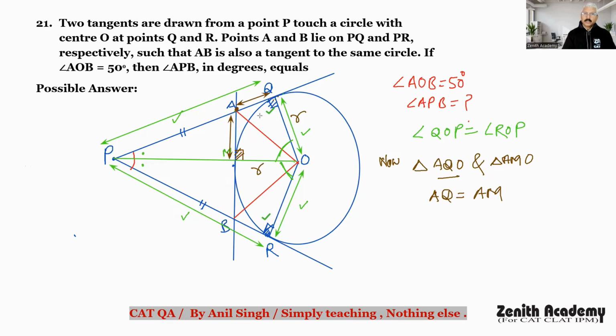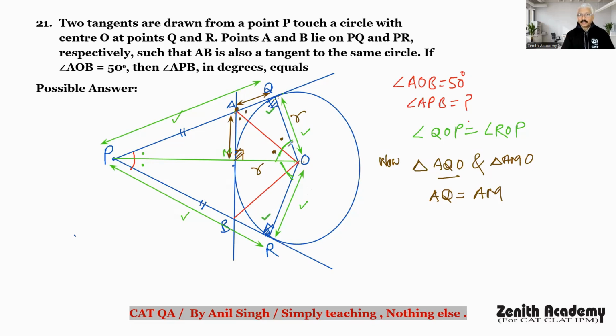So again, you can say these two triangles are congruent to each other because AO is a common side of it. It means this angle of triangle AQO will be equal to this angle of AMO. And this angle will equal this.